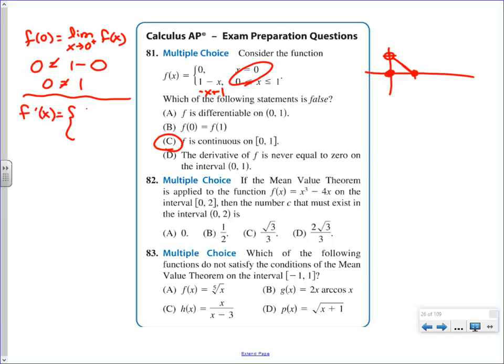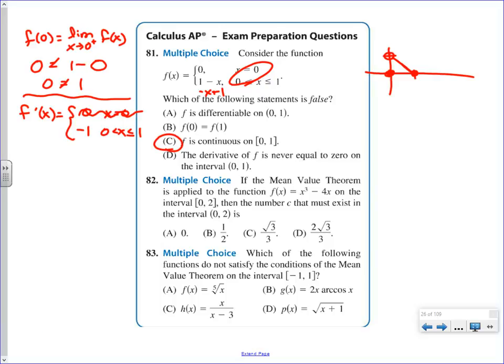What's the derivative of 0? 0. What's the derivative of negative x? Negative 1. However, here's the thing. If it says not including 0, am I even looking at this part? I'm just looking at that part and saying, oh, hey, all the derivatives are negative 1. It is differentiable. Okay. Anyway, you guys could have kept on checking, but that's letter C.